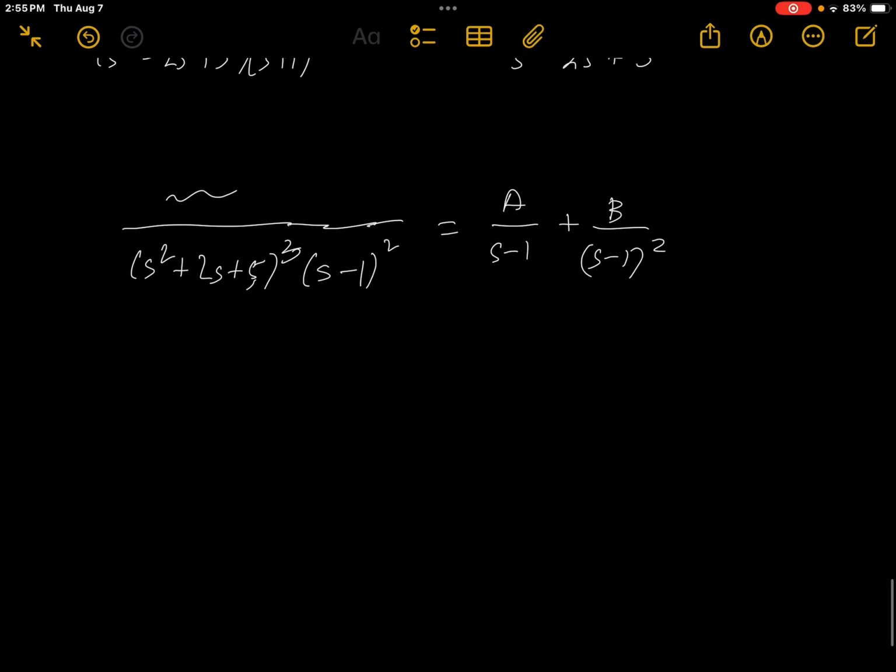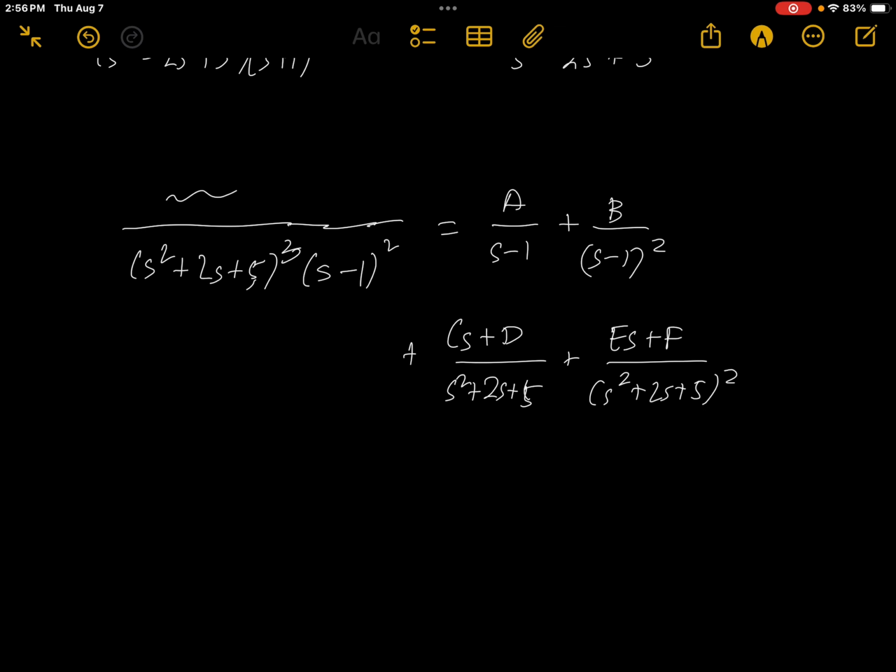And then you have to take care of the quadratic that's being cubed, and you're going to get (cs plus d) over (s squared plus 2s plus 5), plus (es plus f) over (s squared plus 2s plus 5) squared. So you have a linear factor, and you keep going until you get all the powers, plus (gs plus h) over (s squared plus 2s plus 5) cubed.